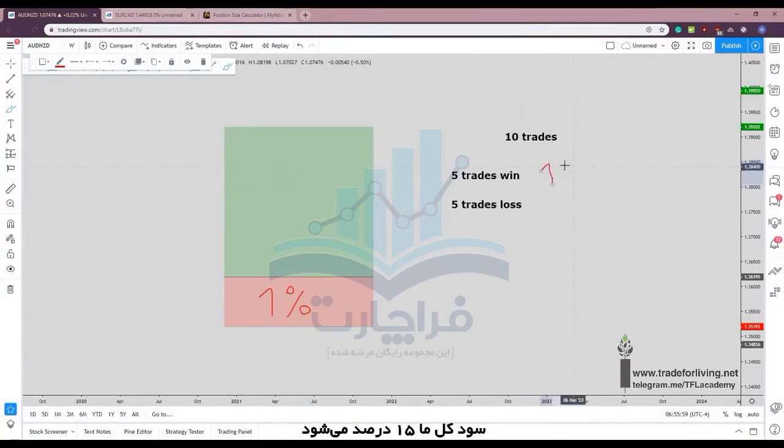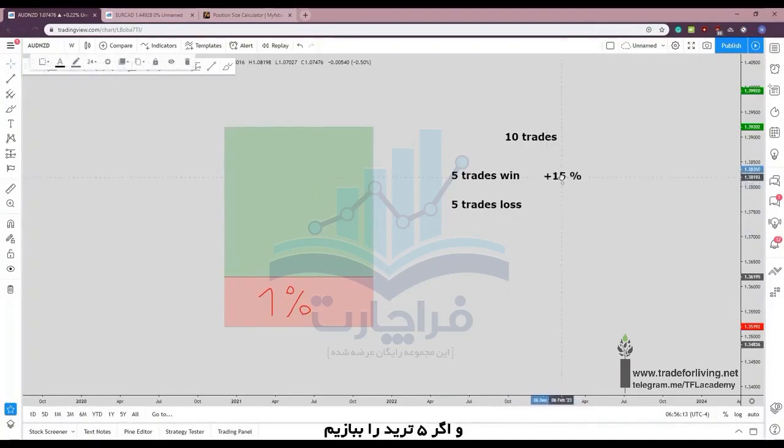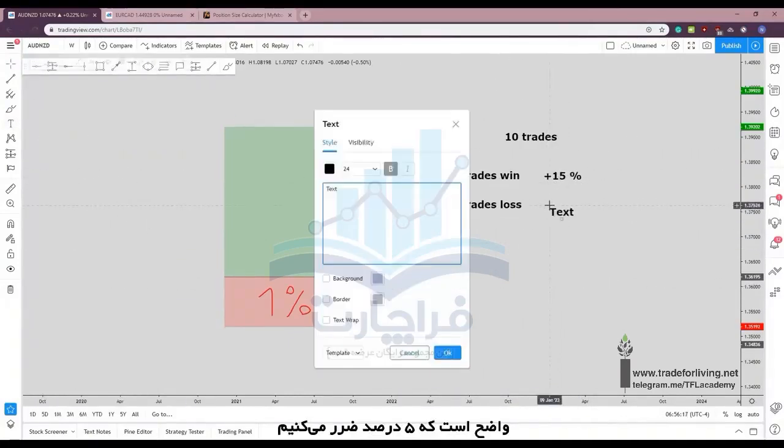So our total gain will basically be 15%. And if we lose 5 trades, obviously we will lose 5% because we're risking 1% each.